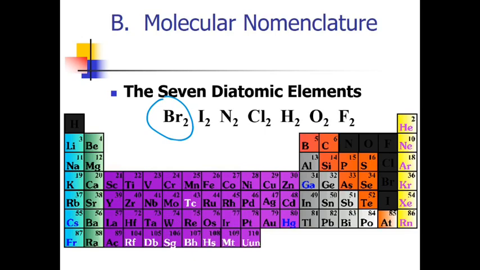But the answer for our diatomic elements, because we've stated they have to be attached to another atom, so if they're not attached to something else, they will attach to themselves, is simply the name unchanged of the element. So Br2 is bromine. H2 is hydrogen. F2 is fluorine, since they are in their diatomic state.